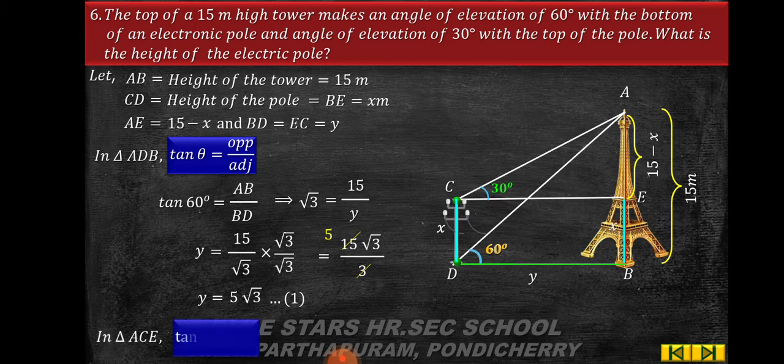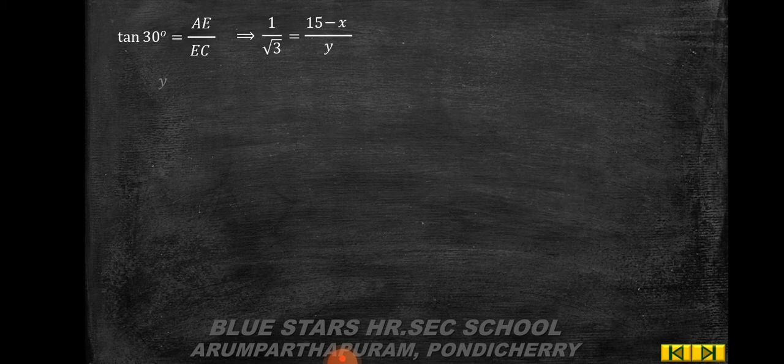So in triangle ACE, tan theta is equal to opposite by adjacent. Here tan 30 degree is equal to opposite side AE divided by EC, which implies tan 30 degree value is 1 by root 3, which is equal to AE is 15 minus x divided by EC is y.